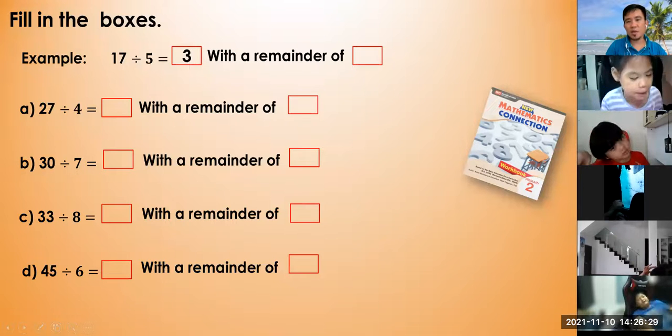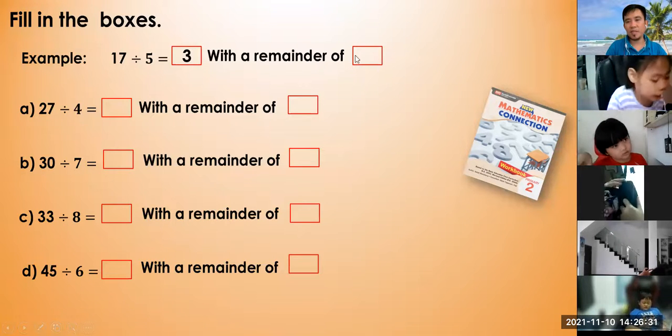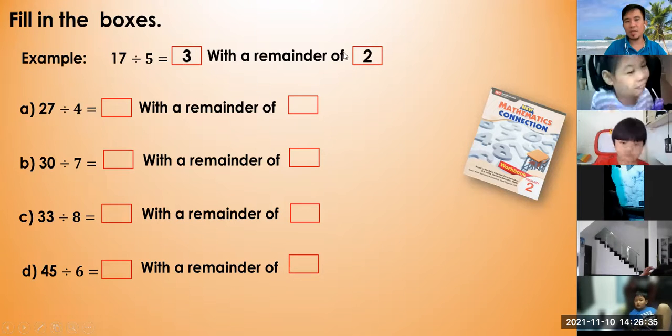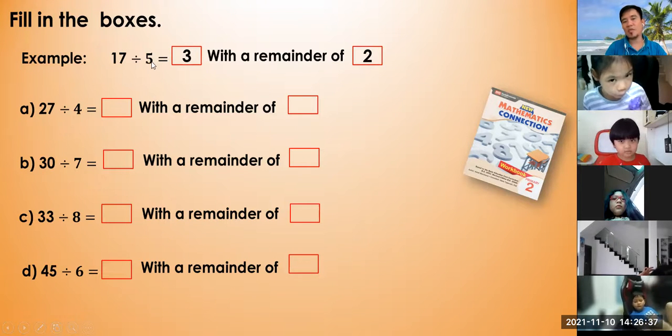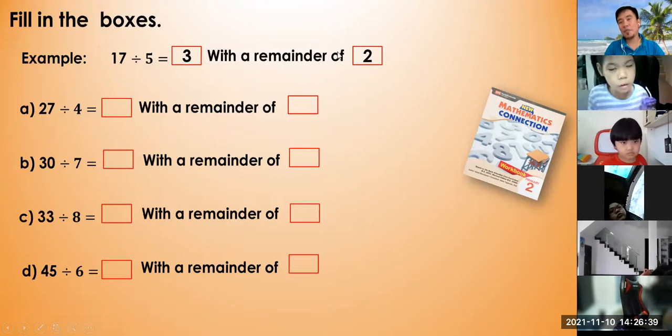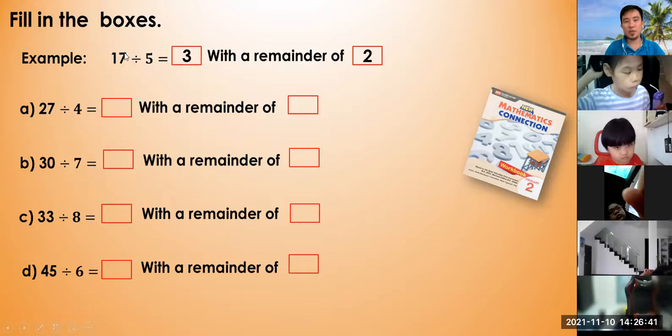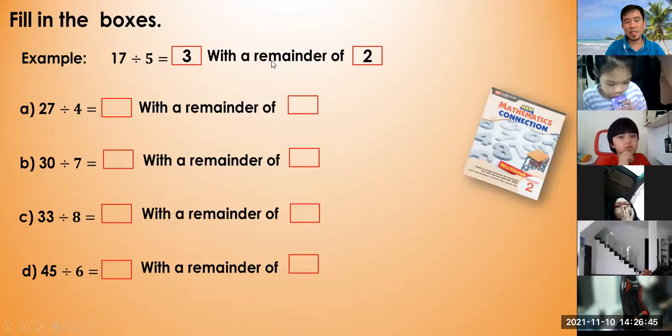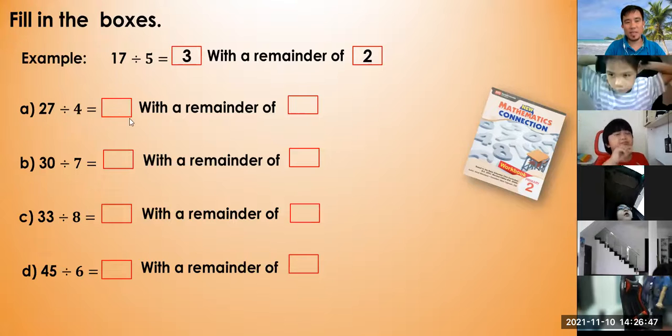So what number are you going to add to become 17? 2. Very good. 2, because 3 times 5 is 15, and 15 plus 2 is equal to 17. So we can use multiplication to find the answer here.